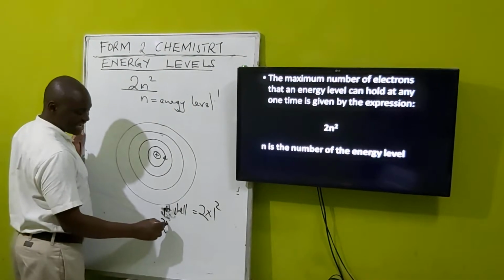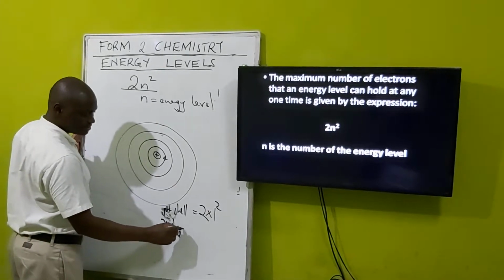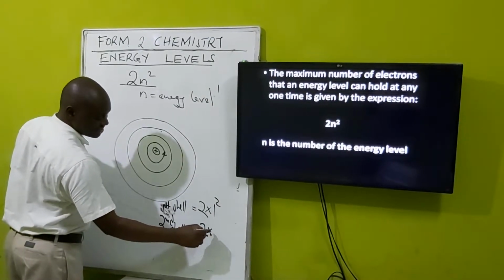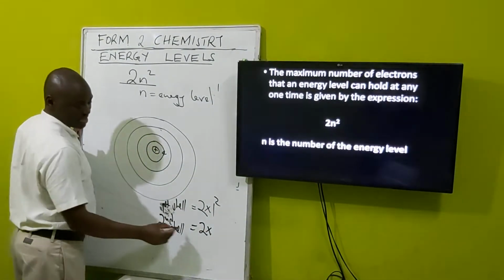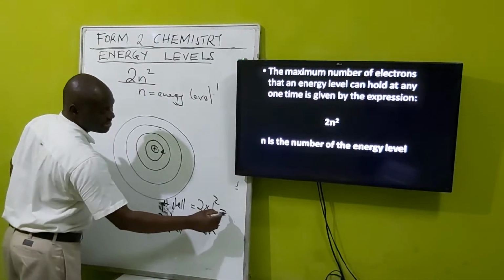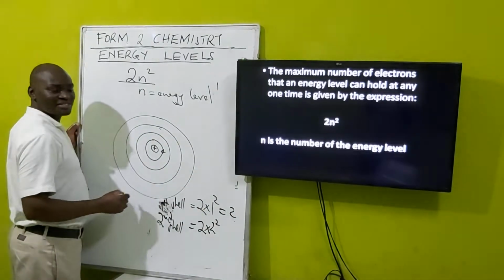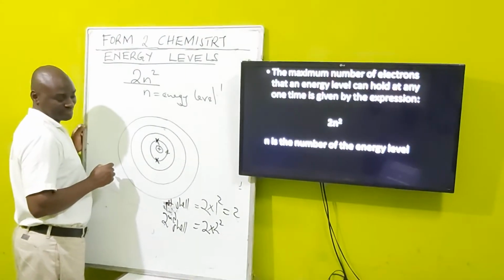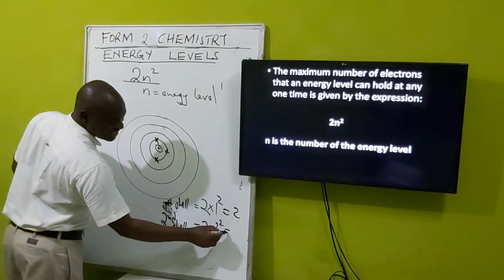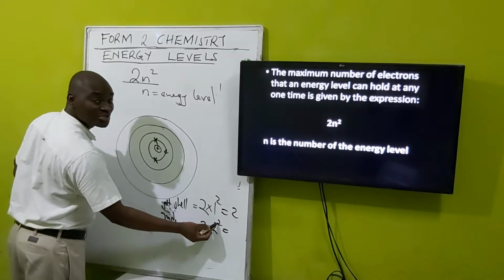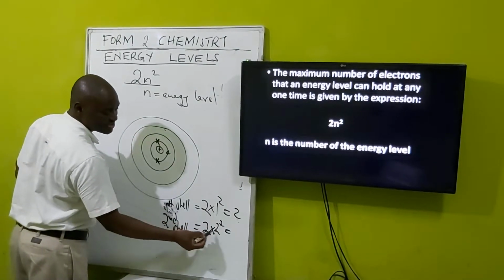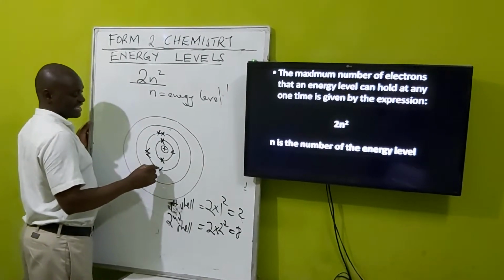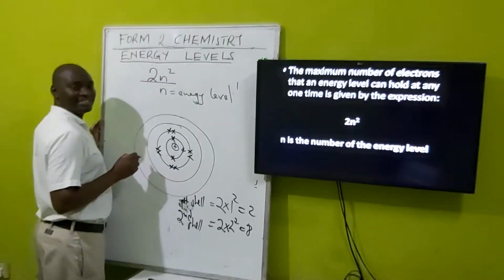Then we have the second shell. The second shell will be 2 times n, where n is now 2 squared. So the first energy level will have 2 electrons. For the second energy level, 2 to power 2 is 4, 4 times 2 is 8. The second shell will have 8.